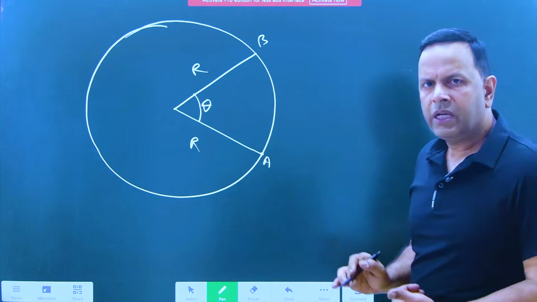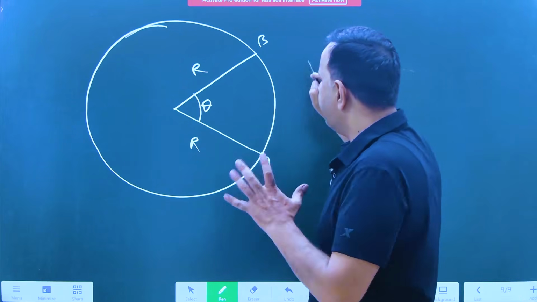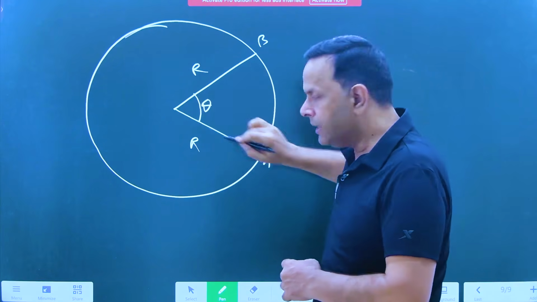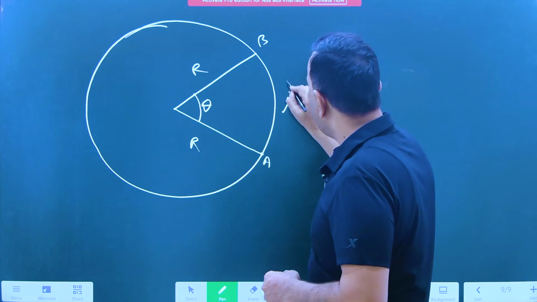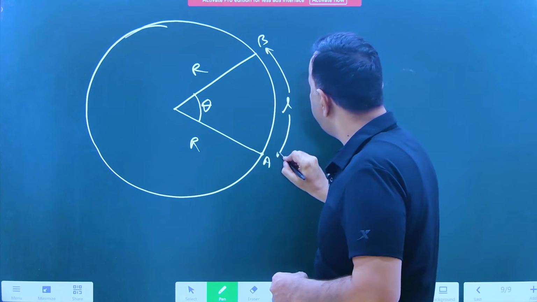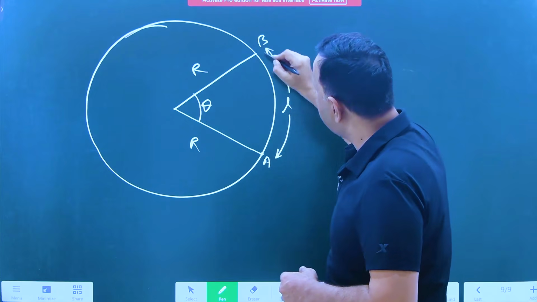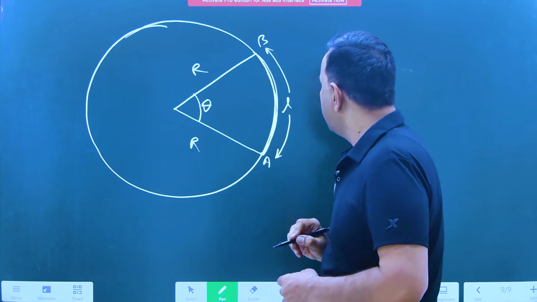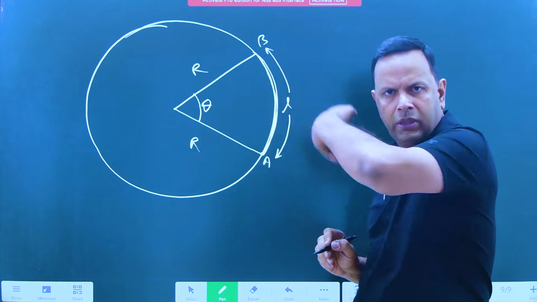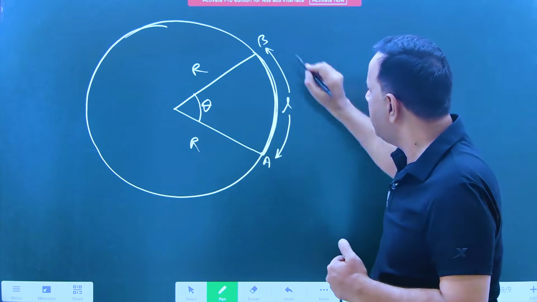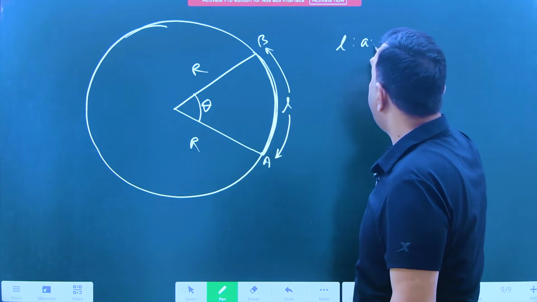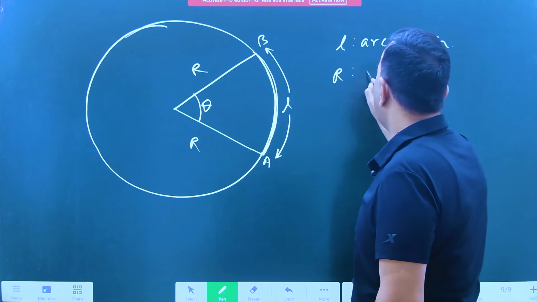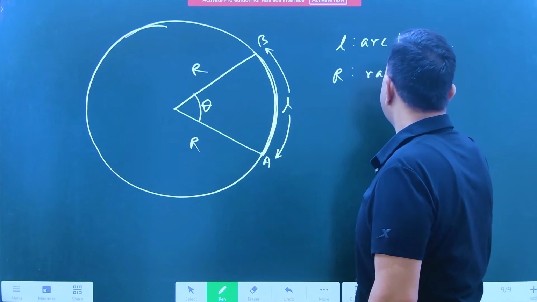So what is the definition? The definition is in terms of the arc length between A to B and the radius. If I say L is the arc length between A to B, I mean this curved length, not the straight line separation between A and B. I mean this curved path along which I can go from A to B. So this L I am calling the arc length, and of course r is the radius of the circle.